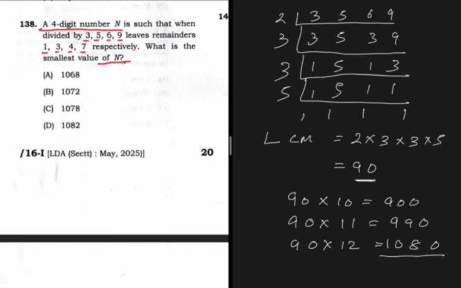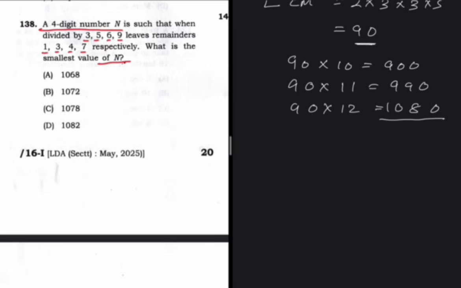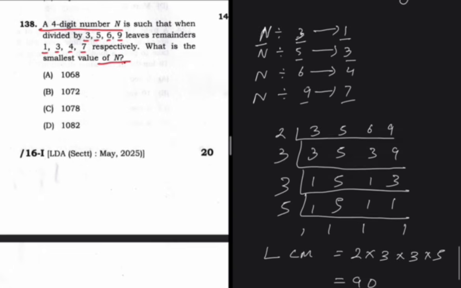Okay, the required number we will get by subtracting: LCM minus residue. So where will we get this residue? The residue is got when we subtract the remainder from the divisor.